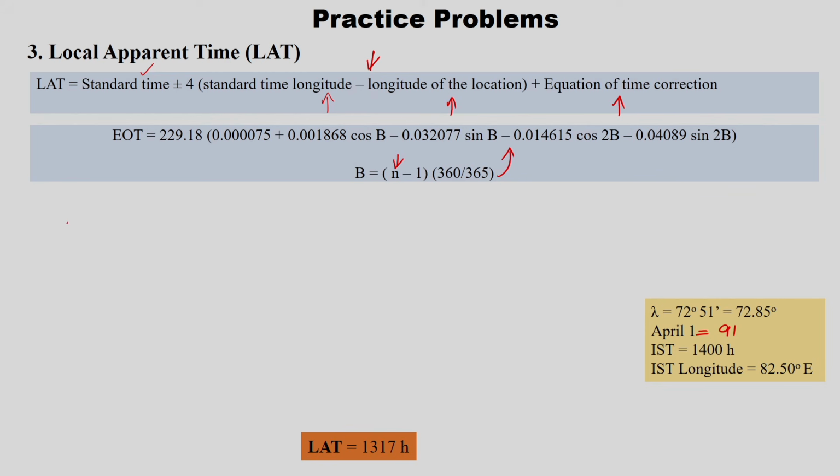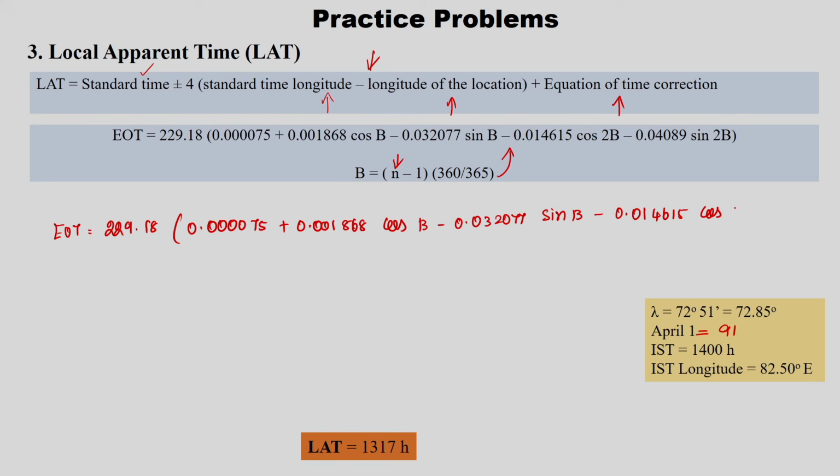After substituting, EOT is 229.19 into 0.00075 plus 0.001868 cos of B minus 0.032077 sin of B minus 0.014615 cos 2B minus 0.04089 sin 2B. The B value is nothing but 90 into 360 upon 365.